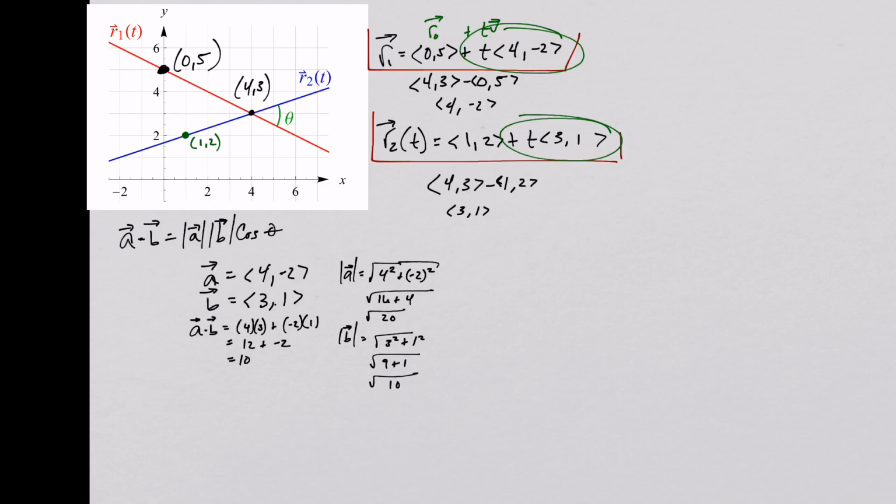Okay, so now I'm going to substitute these values into our equation. We already know how to manipulate this equation to solve for cosine theta. So if we want to find theta, we say theta is equal to arc cosine of the dot product of A and B over the magnitude of A times the magnitude of B. We can substitute our values in.